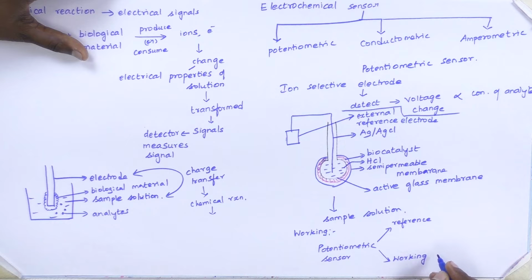It is also called the indicator electrode. Why is it called an indicator electrode? Because the electrode is used to indicate the chemical reactions happening in the solution. The working electrode is placed in the test sample.